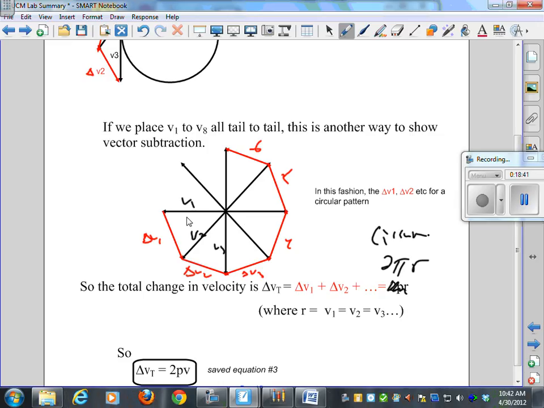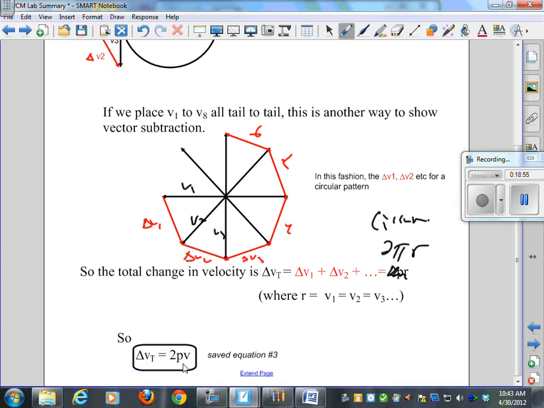It's the actual velocity, where the radius of the circle is V1, which is equal to V2, which is equal to V3, the speed part. In other words, delta VT is 2 pi V.